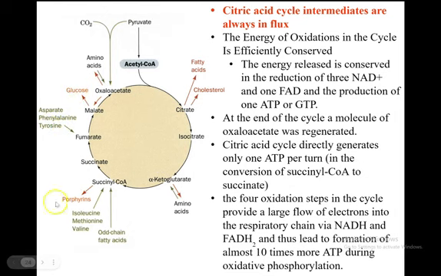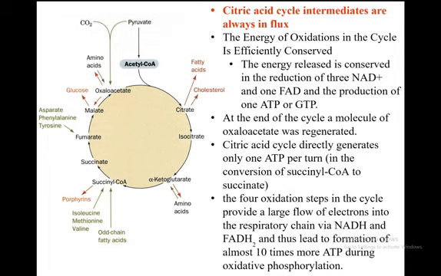And breakdown of different amino acids can also make different intermediates of the citric acid cycle. At the end of the cycle, a molecule of oxaloacetate is regenerated. And the citric acid cycle directly generates only 1 ATP per turn.